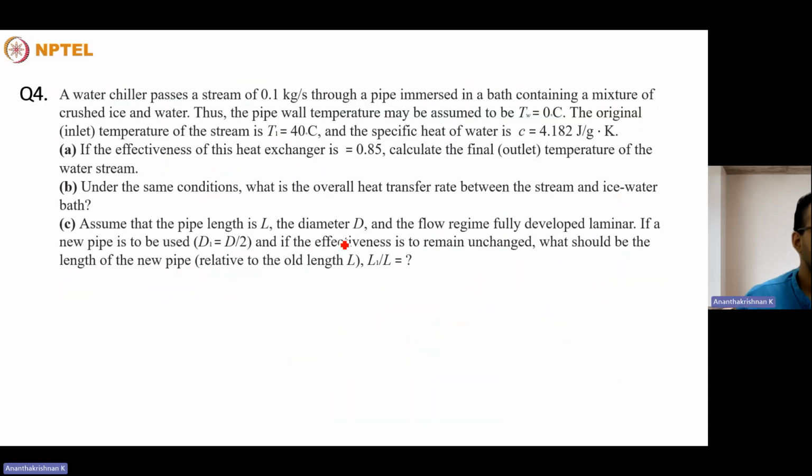Look into the fourth problem. This question says that a water chiller passes a stream of 0.1 kilogram per second through a pipe immersed in a bath containing a mixture of crushed ice and water.